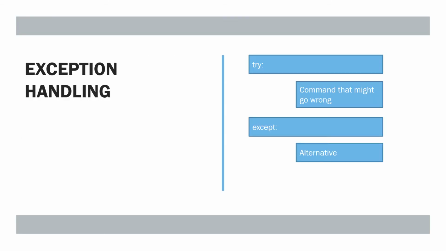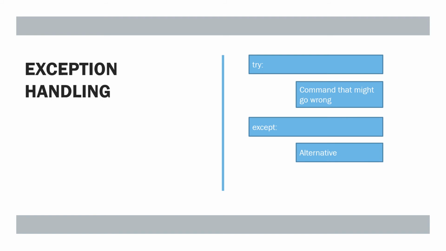Luckily, Python offers a good method for preventing the type of user inputs that can crash our program, and it's called exception handling. The diagram here shows the general outline of this structure. The first line is a header, which is just the word try followed by a colon.